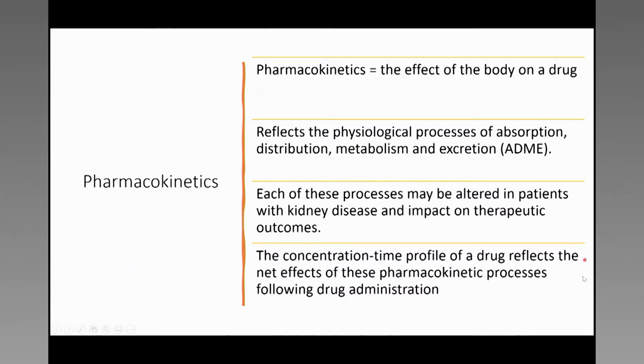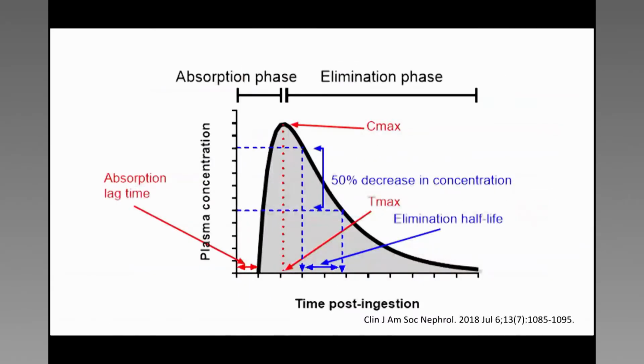And the concentration time profile of a drug reflects the net effects of these pharmacokinetic processes following drug administration. This is a concentration time profile, as you'd be aware. So when a drug is taken orally, there's a short gap until it gets into the bloodstream, where the concentration then increases. And this is the absorption phase, and the Cmax is the highest concentration that's seen.